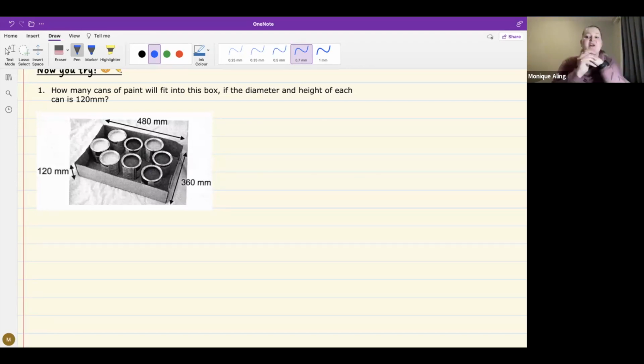Does anyone want to unmute and let me know how they worked out how many cans fit along the length or width or height? Anyone want to unmute and share with us?